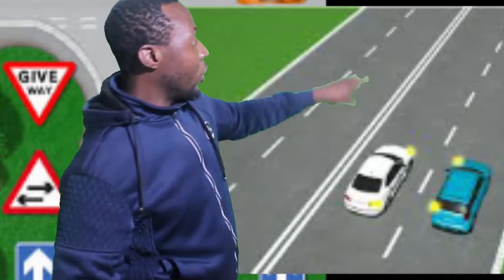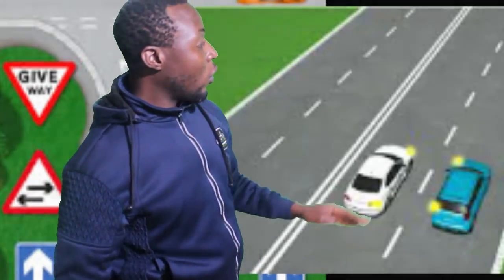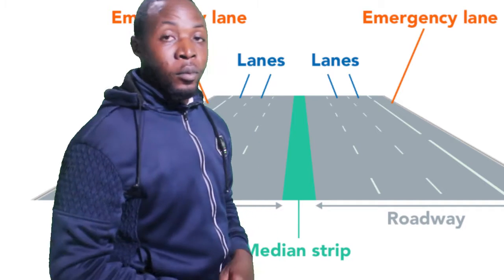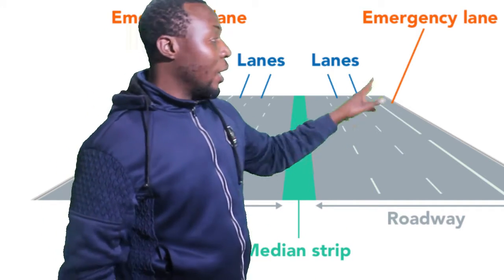So let's go now to what we call a normal two-way road. When we talk about a two-way highway, this is what we mean. That is a two-way road. On the two-way road, as you can see, we have the emergency lane and the lanes.